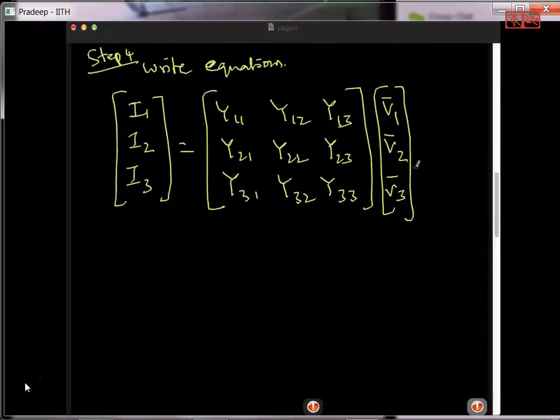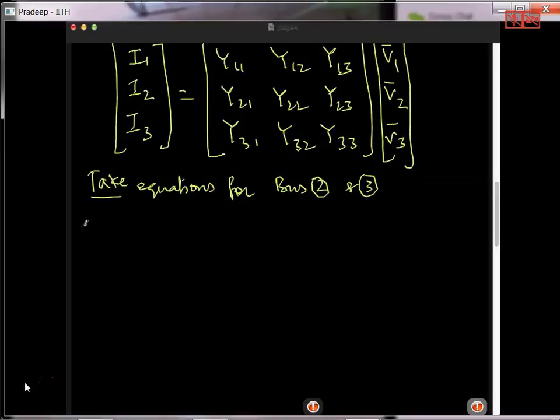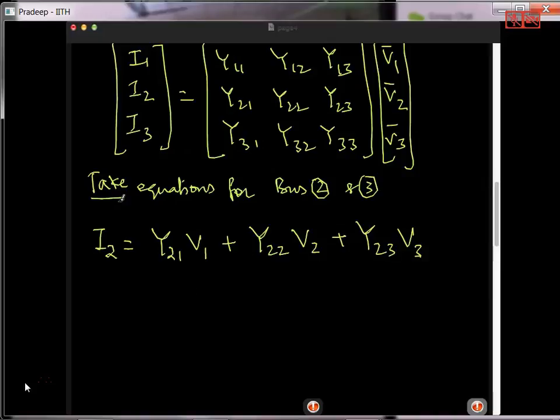So from this, if I take equations for bus 2 and 3, so what do we get? So if I just take the second row, so I2 is equal to Y21 V1 plus Y22 V2 plus Y23 V3. So that is I2. So what is I3?